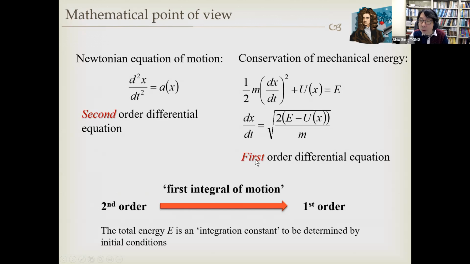But now the equation is reduced to first order because it involves the velocity only, but not the acceleration. The velocity is dx/dt, the first derivative of x with respect to time. So the difference between the Newtonian formulation and the mechanical energy formulation is that the first one is a second order equation, and the second one is a first order equation.